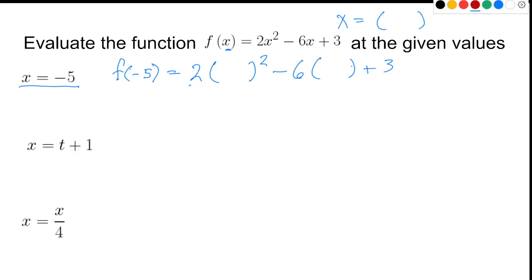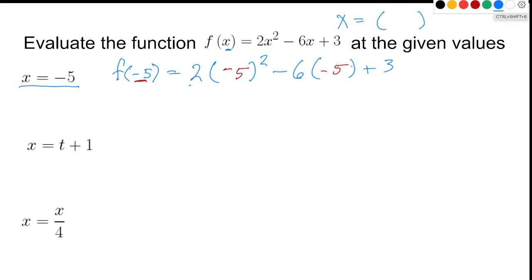Whatever's in this parentheses is the input, and that goes into each of these input spaces for x. But if I had actually written the x, it's hard to plug stuff in for x because it's taking up space. Okay.